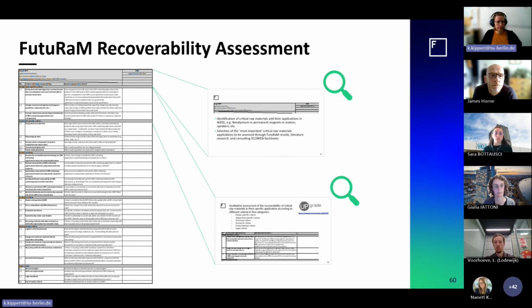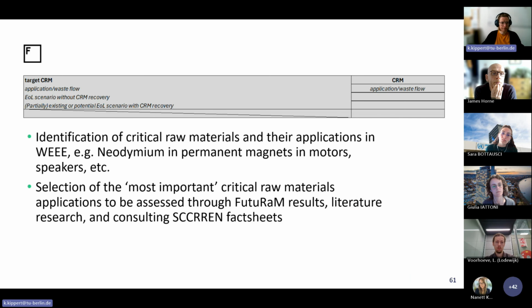So how we did this specifically, we developed this big table, and I want to zoom in now on the different parts of this table. At the top, we have the CRMs and applications that we want to assess or evaluate.